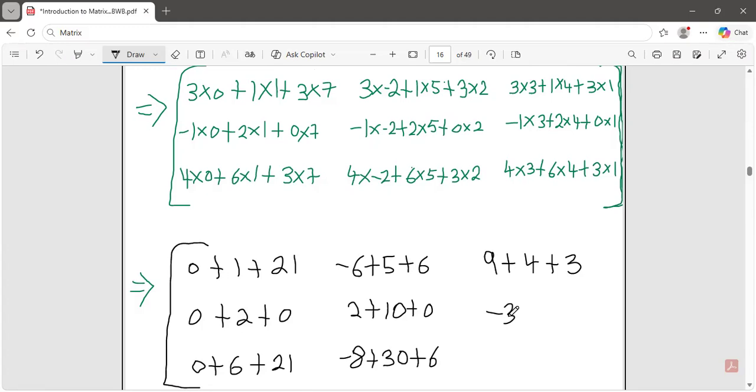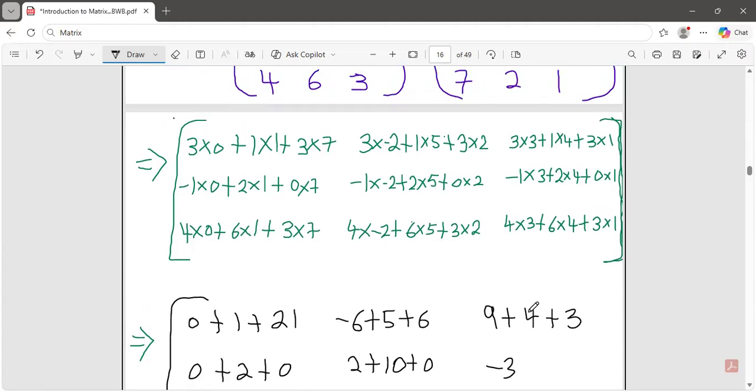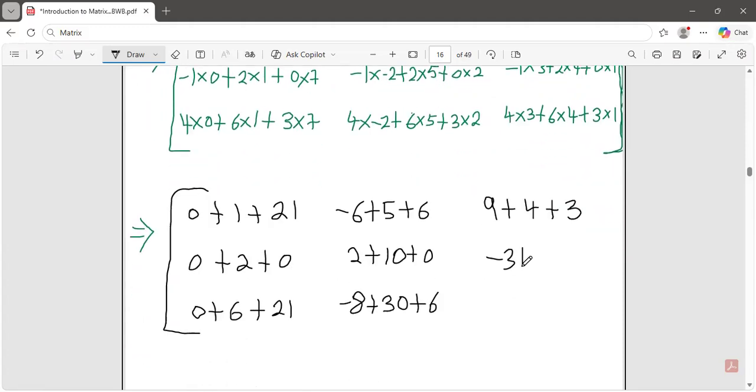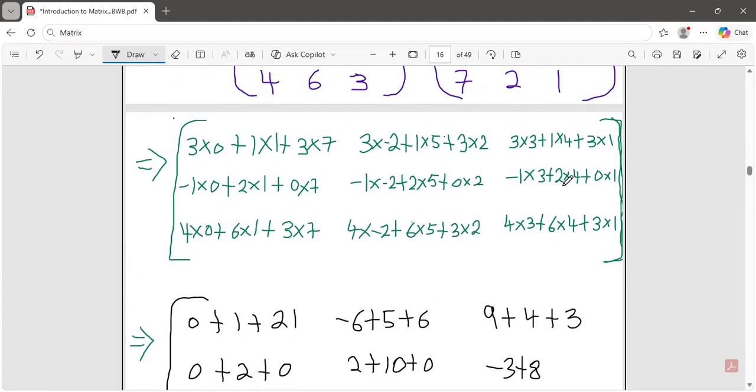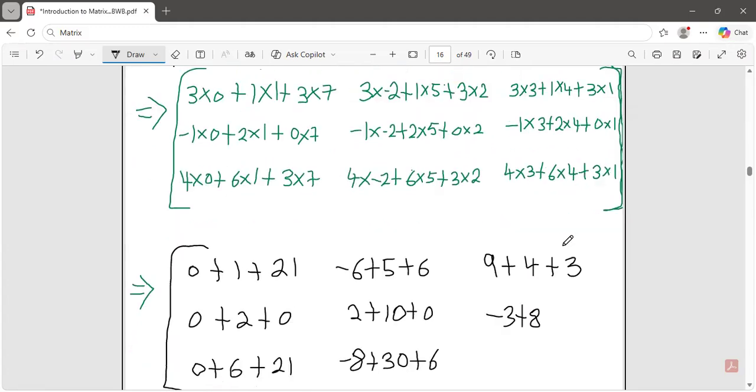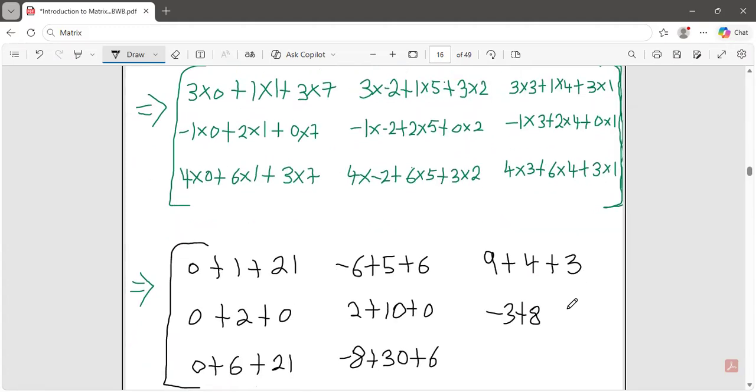Very beautiful, as we are seeing over there. 2 times 4 is just going to give us 8. So I put over here the 8. Plus 1 times 0 is still going to give us 0. Very, very beautiful.